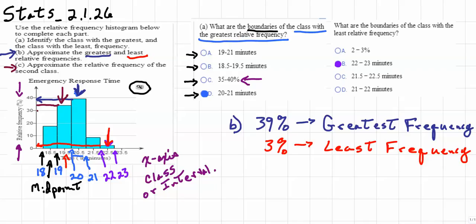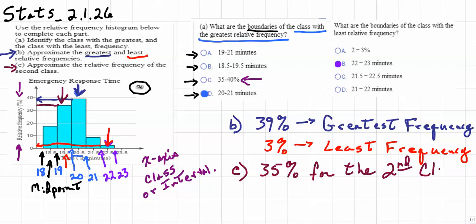And that's a tough one. It's going to be 34, 35%. So I would estimate it at roughly 35% for the second class. And that's how you answer these questions.